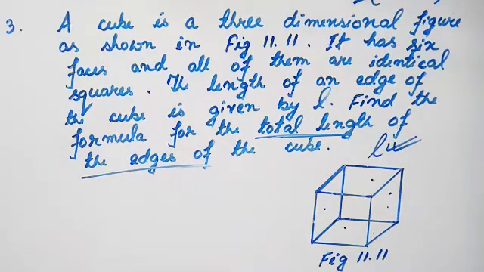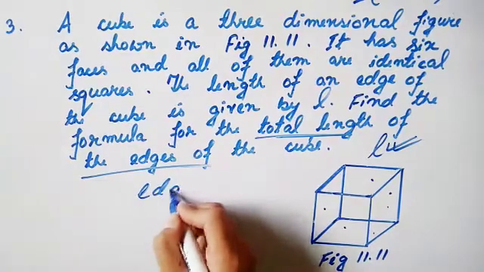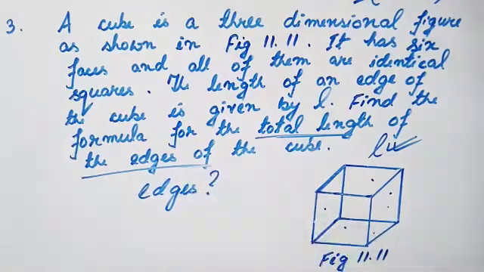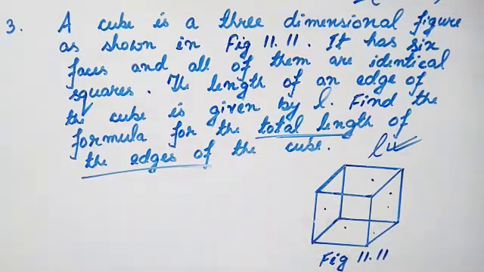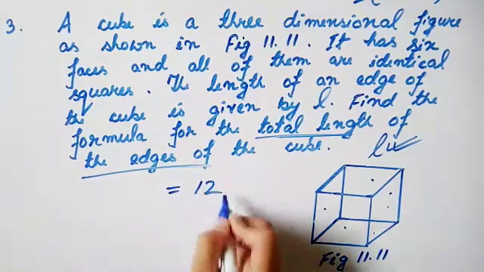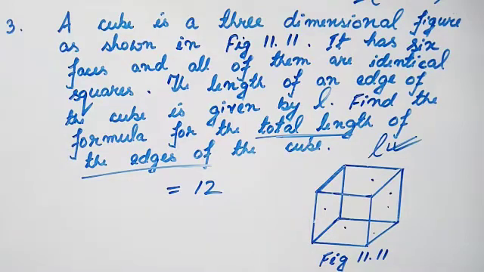So the first question that we need to ask ourselves is, what is the number of edges in a cube? How many edges are there in a cube? Do you still remember how many edges are there in a cube? Yes, it is 12. There are 12 edges in a cube.